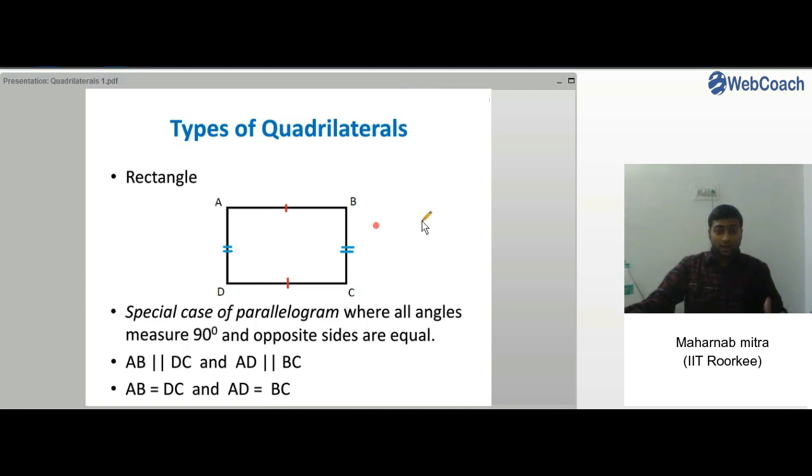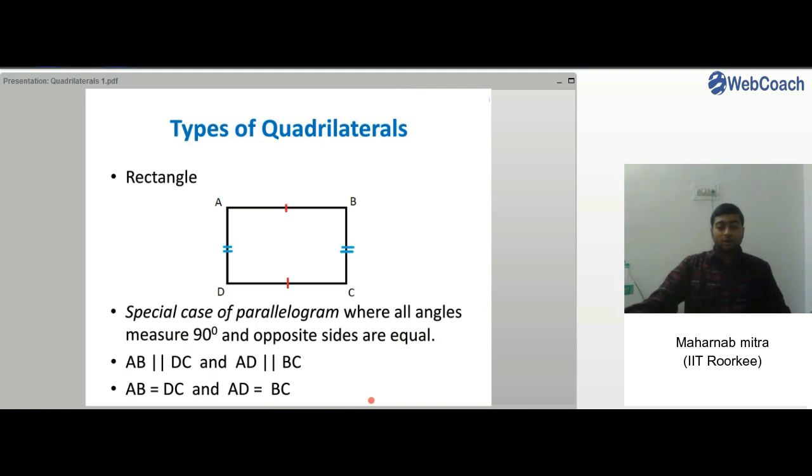So in rectangle, opposite sides are parallel and equal to each other, and also all the angles measure 90 degrees, right? So what we have learned till now, we have learned about trapezium, the parallelogram, and a special case of parallelogram which is the rectangle.